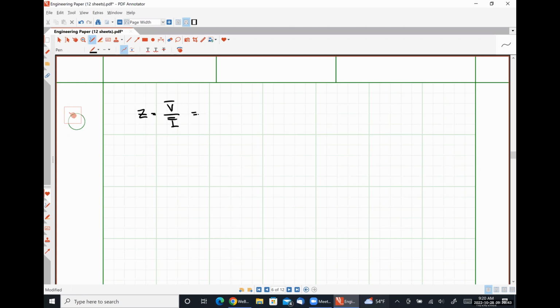So in polar form, we would have Vm angle θv over Im angle θI is equal to Vm over Im angle θv minus θI, or the magnitude of our impedance and the phase angle of our impedance.